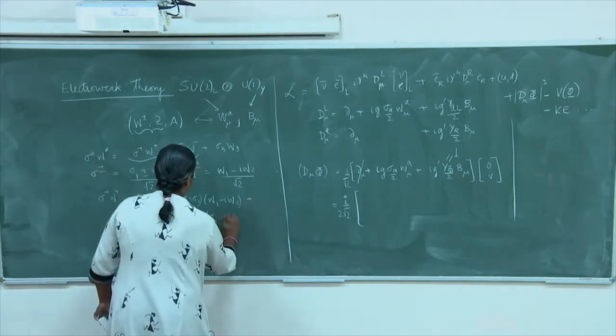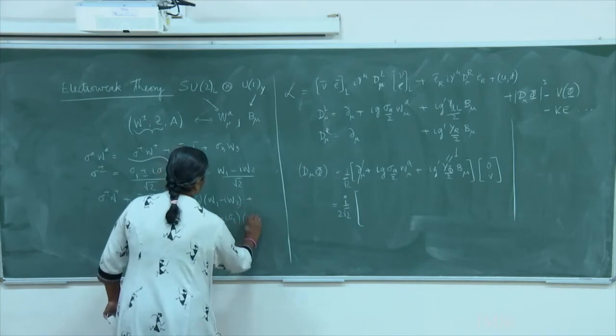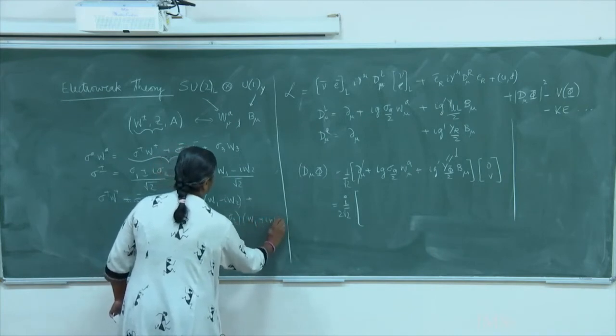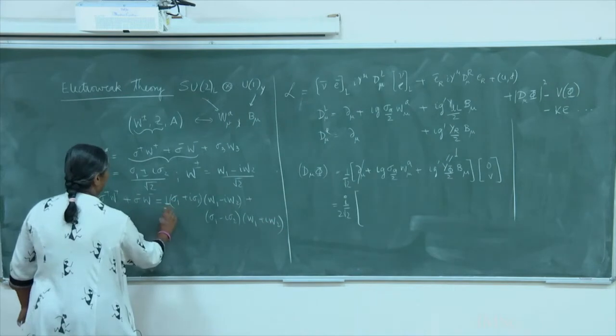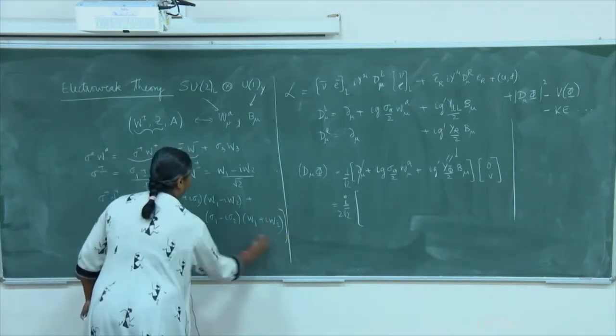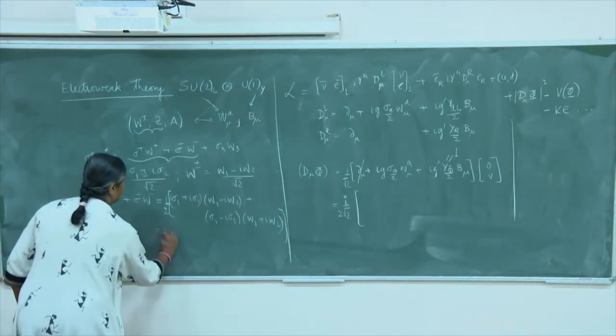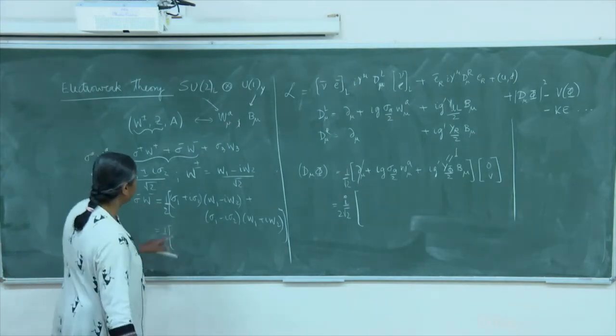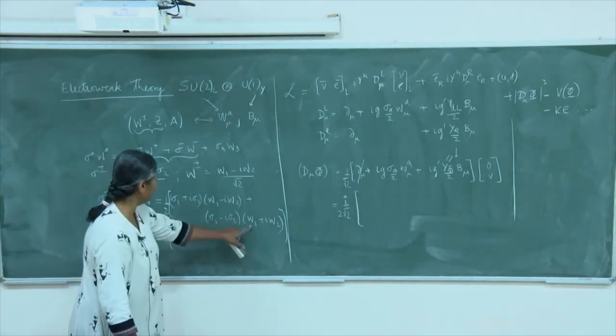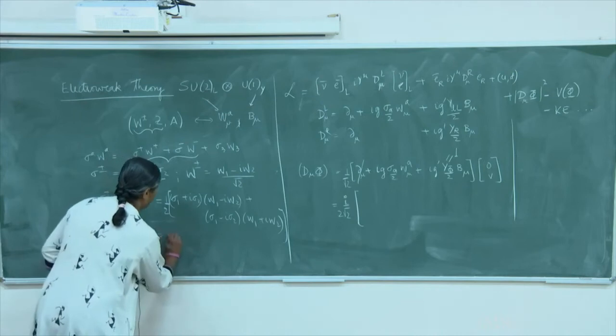Plus sigma minus W minus, and there is a 1 by 2 from the 1 by root 2, 1 by root 2. So you can see it is sigma 1 W1 plus sigma 1 W1 by 2 is sigma 1 W1.